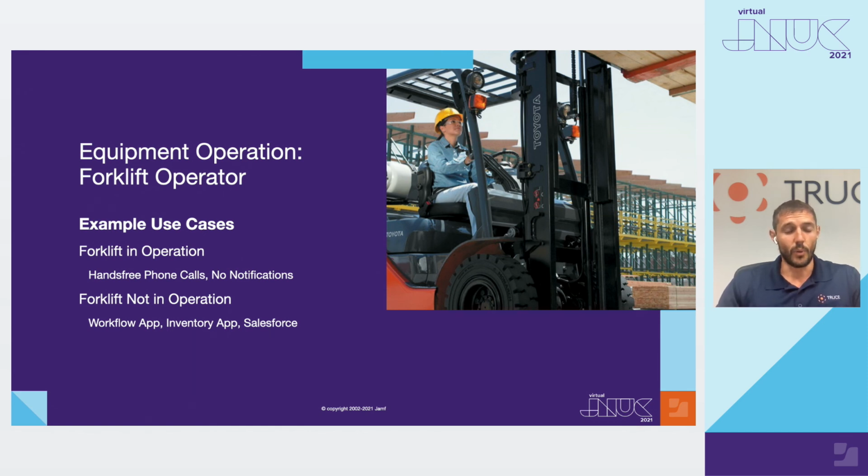They're not actually using the forklift. But based off of that vibration, based off of that motion or that movement, we then will apply the policy while the forklift is operational. Again, common configurations could be no notifications, no access to applications while it's moving. But as soon as it stops, you get access to your workflow app so you know what you need to do next with that forklift.